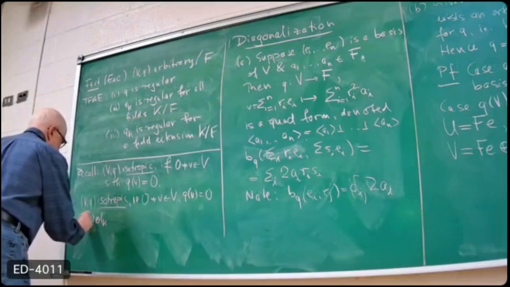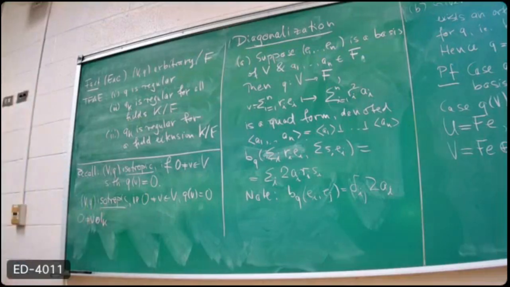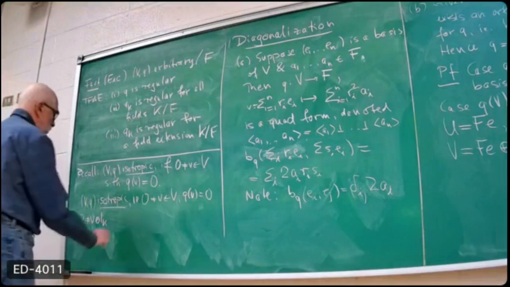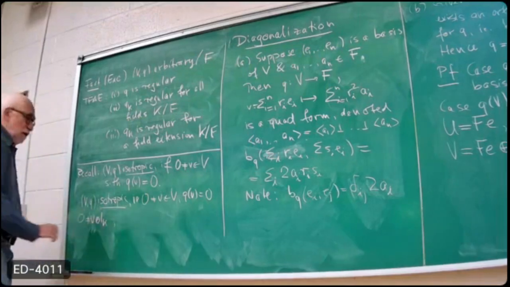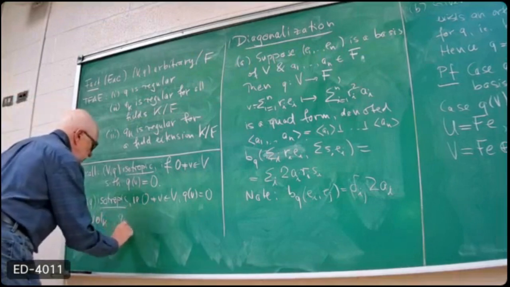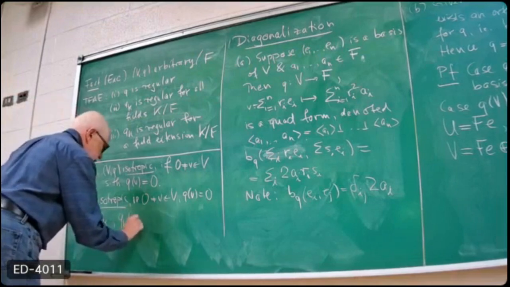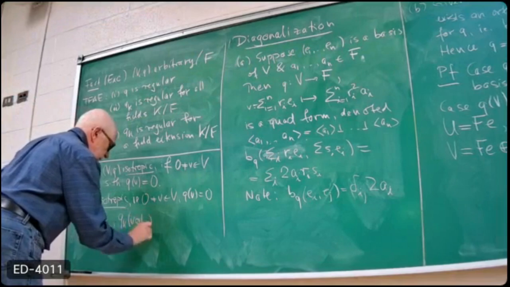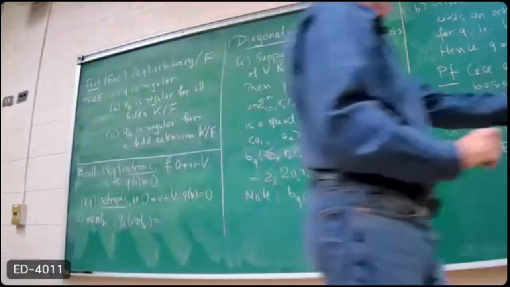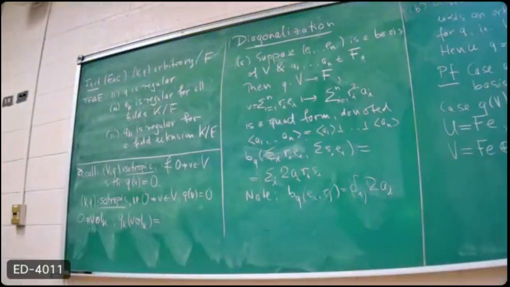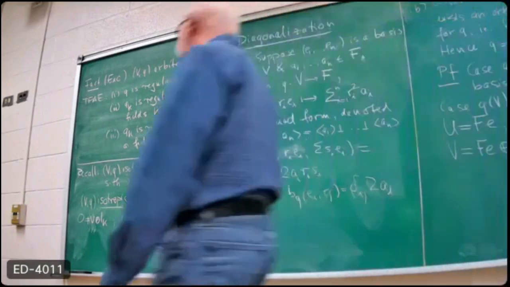This is a property of tensor products. So this is already good. And what is Q_K of v tensor 1? Well, by the formula here, it's Q of v times 1, which is 0.